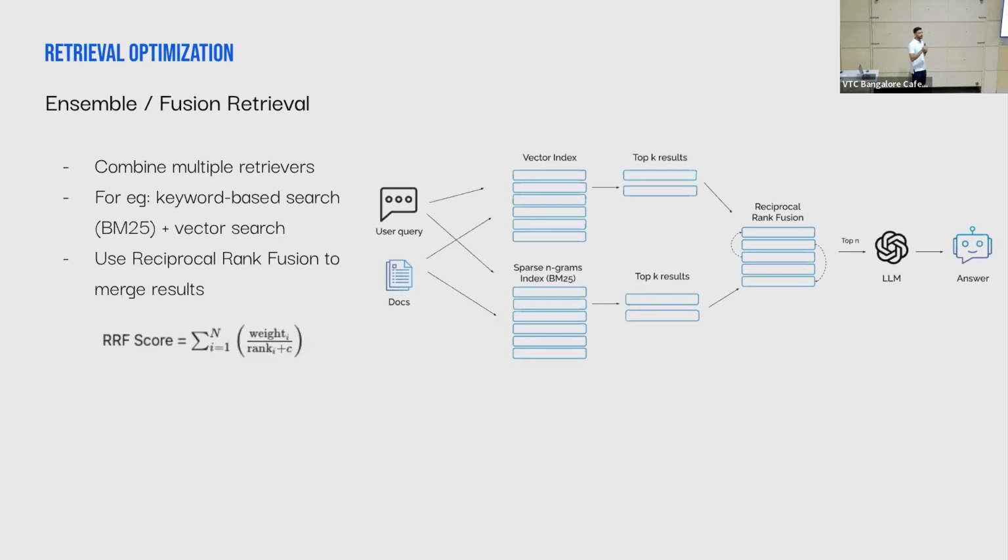And a lot of times you're working with domain-specific data. For example, let's say you're building a financial services chatbot, which is going to be heavy in financial terms, or a medical chatbot, again with super heavy domain-specific terminology.